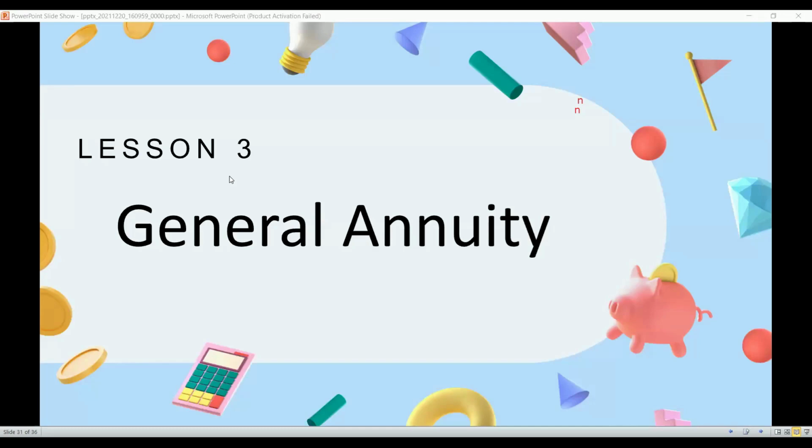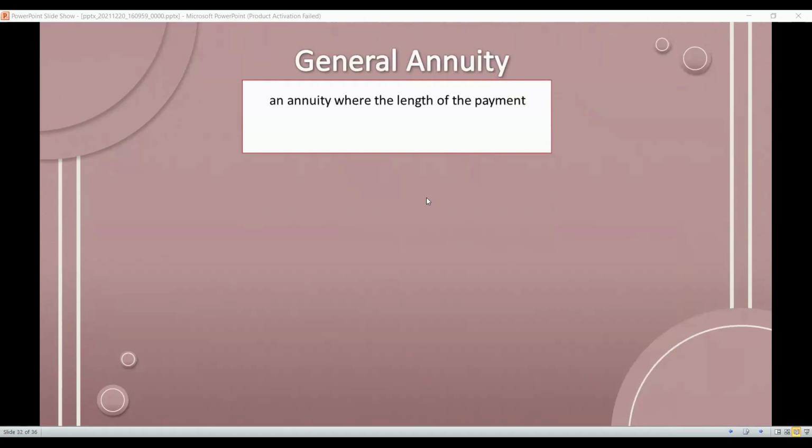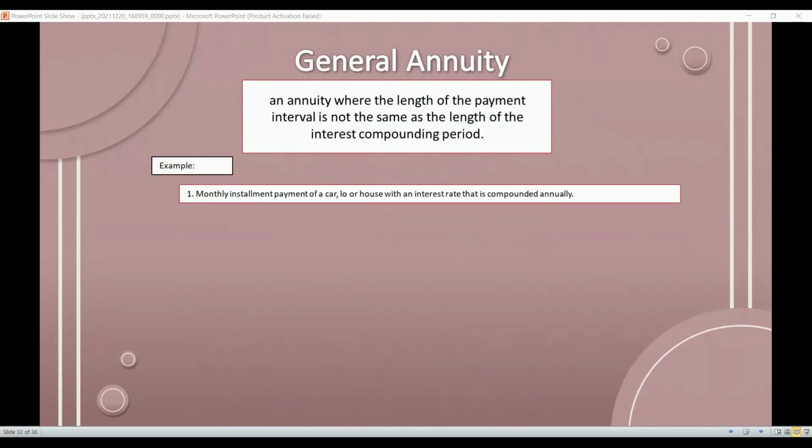So, next lesson, general annuity. A general annuity is an annuity where the length of the payment interval is not the same as the length of the interest compounding period. So we have an example here: monthly installment payment of a car loan or house with an interest rate that is compounded annually.